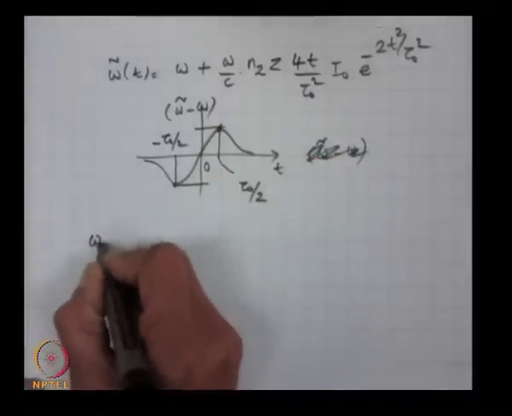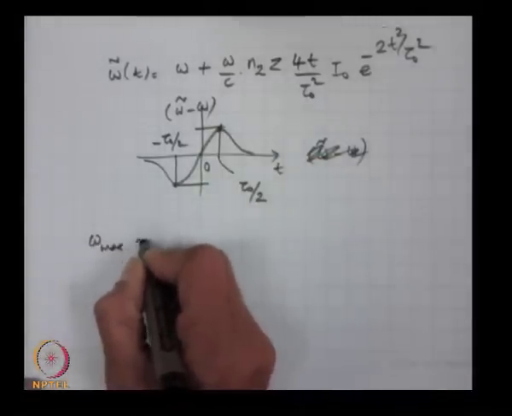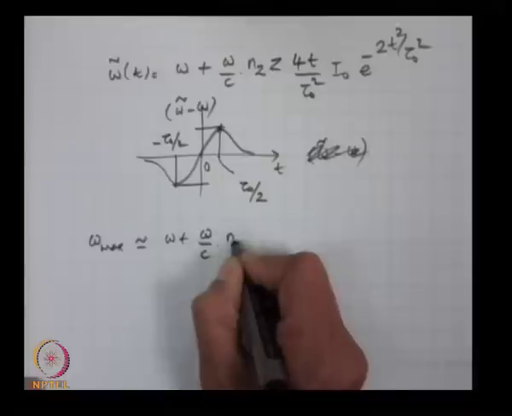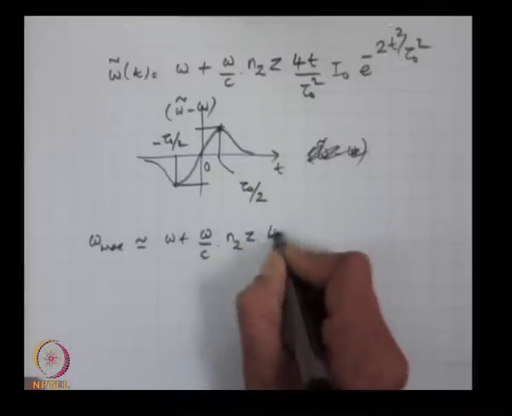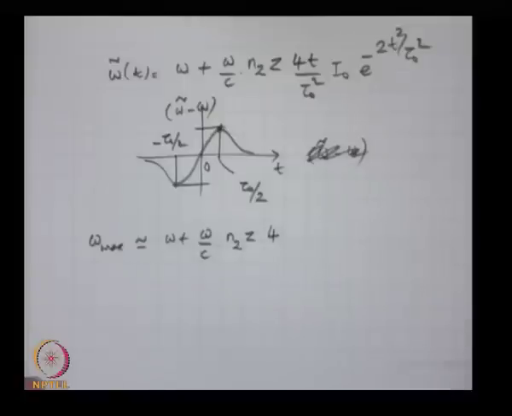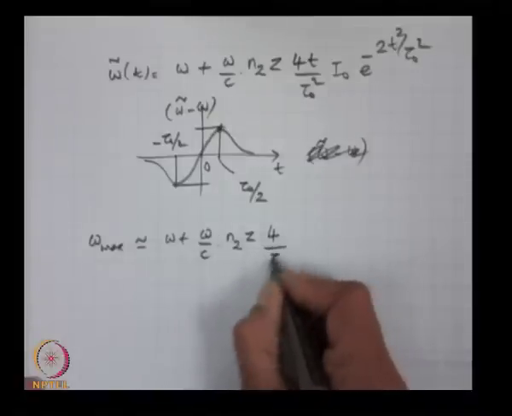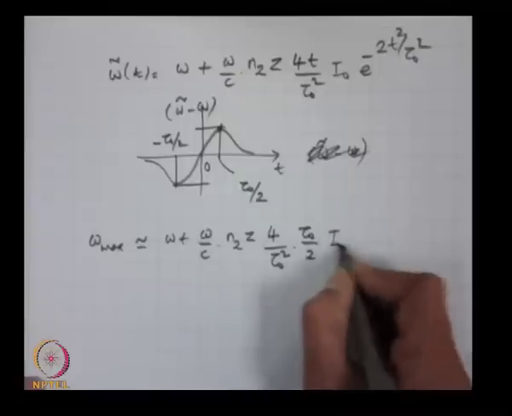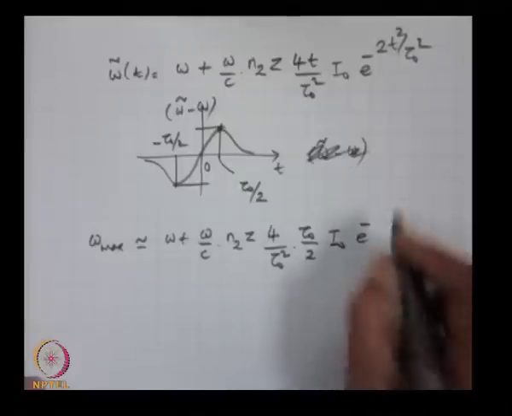So omega max within the pulse is omega plus omega by c n2 z 4 by tau 0 square, at t equal to tau naught by 2, I naught exponential minus half.